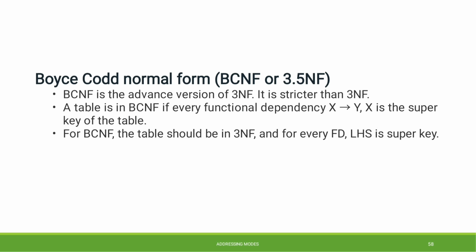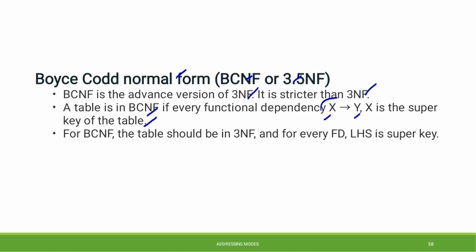So the next normal form is Boyce-Codd normal form or BCNF, which is also called 3.5 NF. This is an advanced version of 3NF. It is stricter than 3NF. A table is in BCNF if for every functional dependency where attribute X decides the value of attribute Y, X should be a super key of the table.